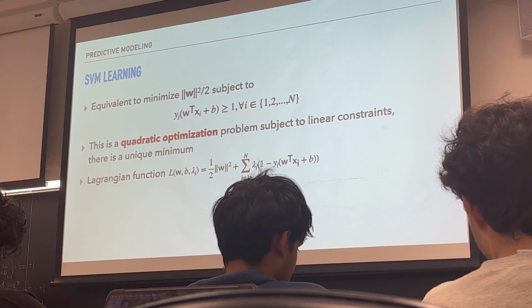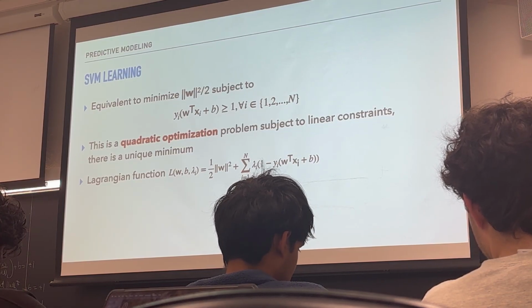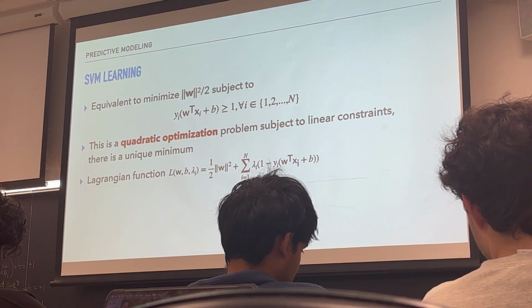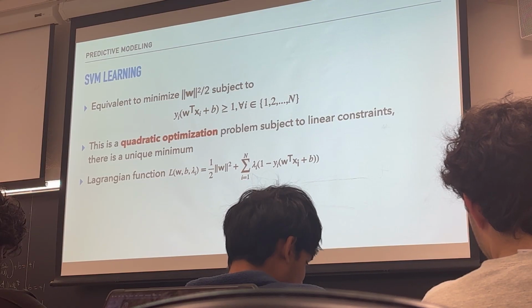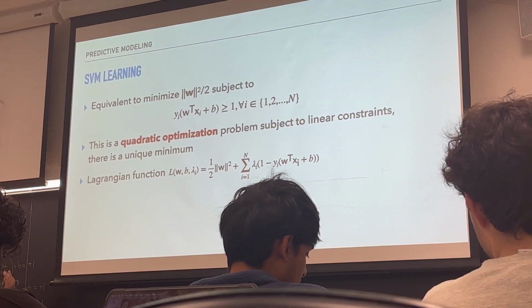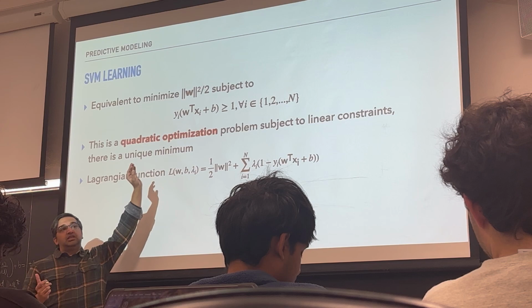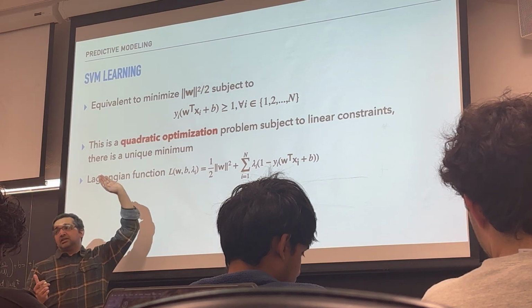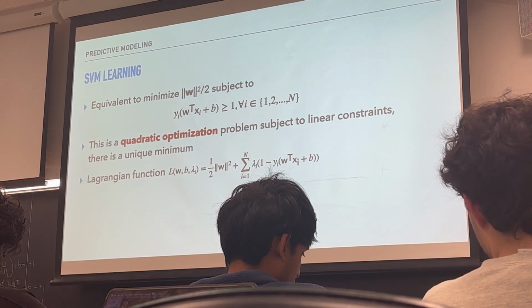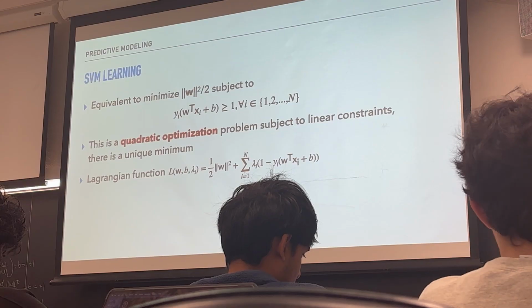Even if it violates a little bit, just remove that W from consideration. That's what you're telling the optimizer. So one way to look at how the support vectors come about is to convert the constrained optimization problem into a regularized optimization problem.